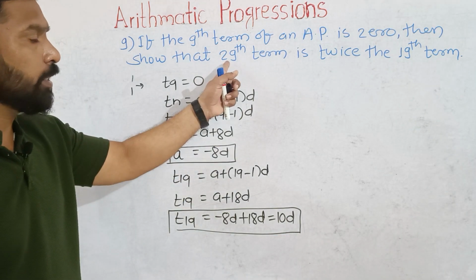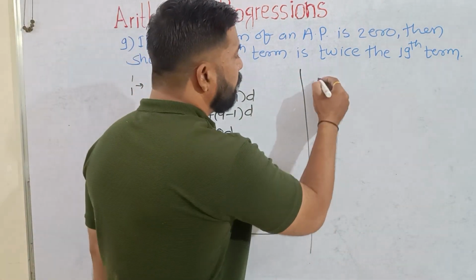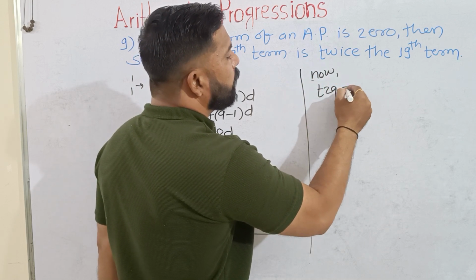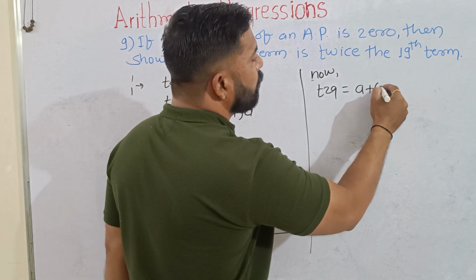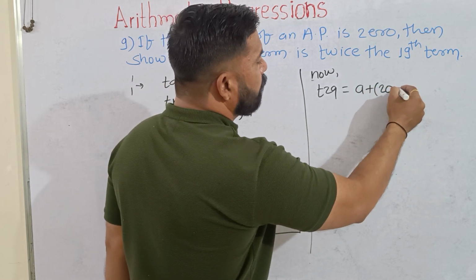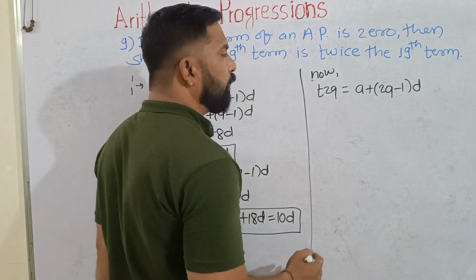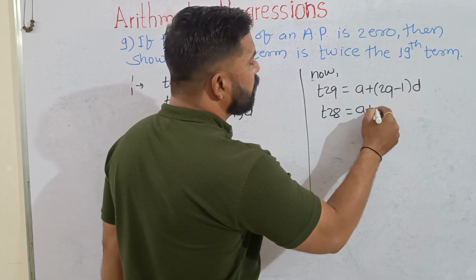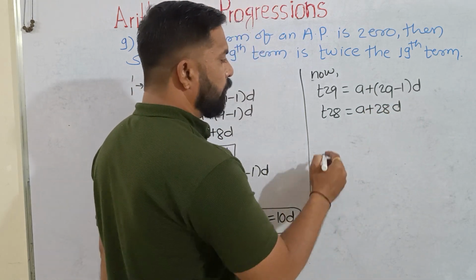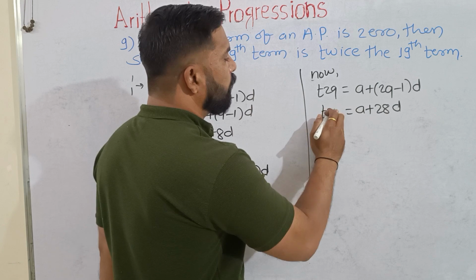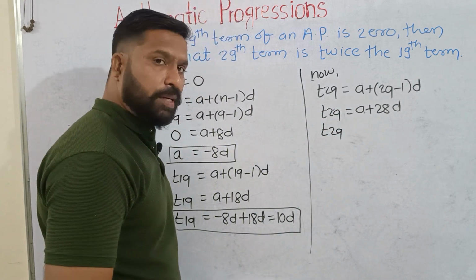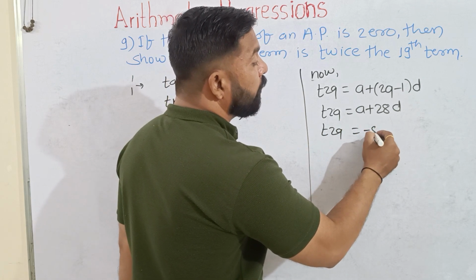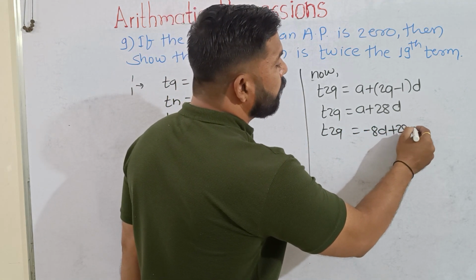Now we will write T29. T29 is equal to a plus 29 minus 1 into d. T29 is equal to a plus 28d. I am saying 29, writing 28. Okay. T29 is equal to, what is the value of a? Minus 8d plus 28d.